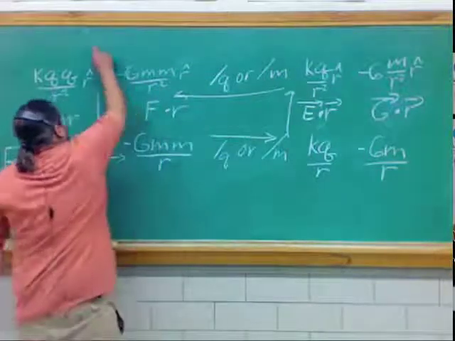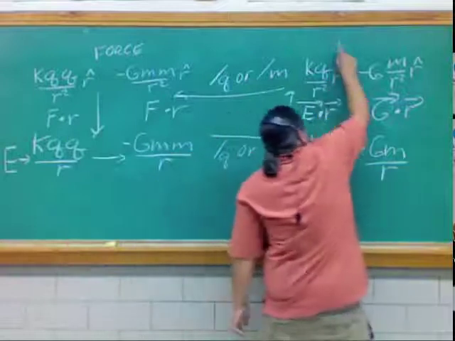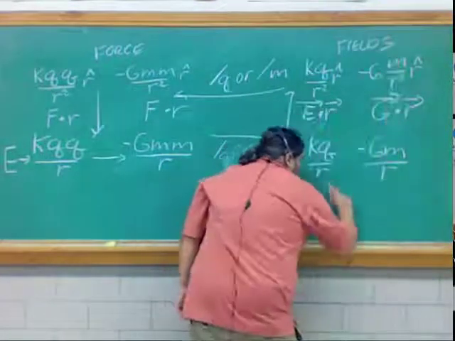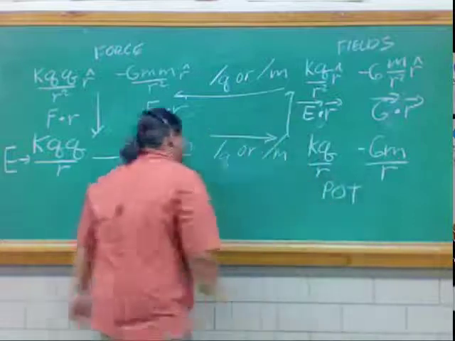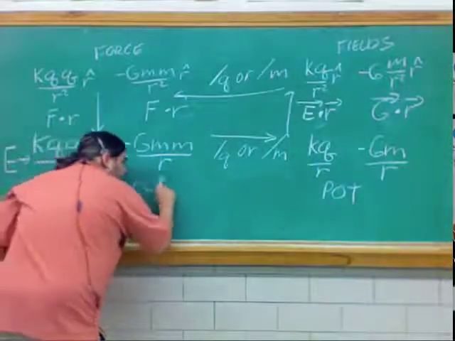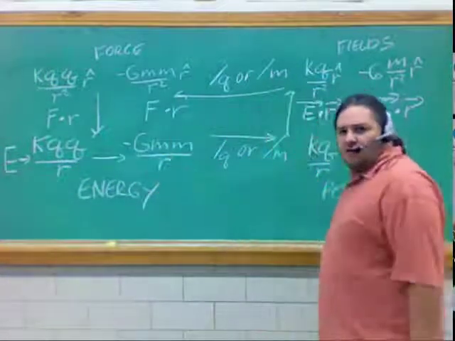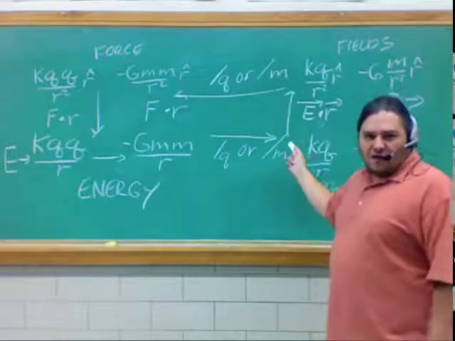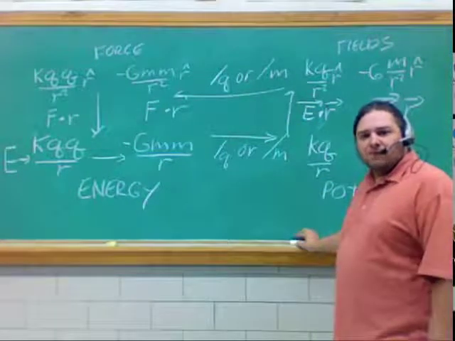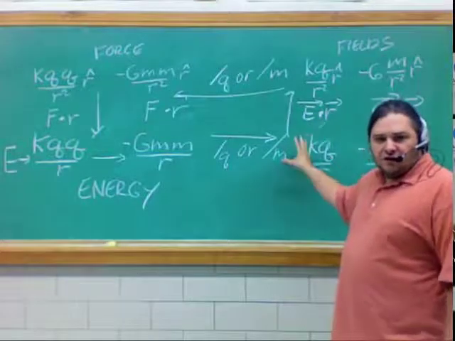So I've got force, I've got fields, I've got potential, and I've got energy. Okay? So they're all related to each other. They all move around. They all interact with each other. It's really kind of interesting how that ends up. Cool? So that is potential, fields, and energy.